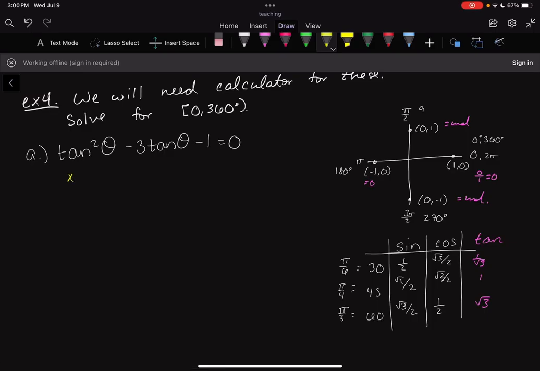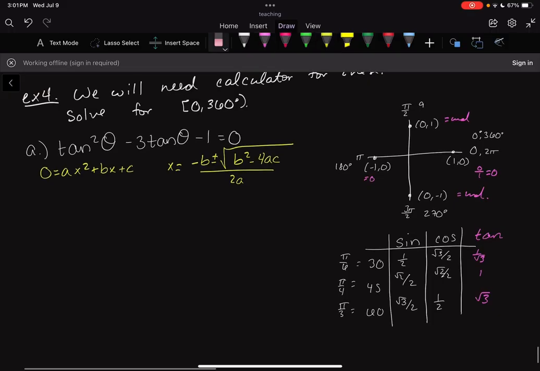If you have 0 equals ax squared plus bx plus c, the quadratic formula is x equals negative b plus or minus the square root of b squared minus 4ac, divided by 2a. I guess technically I could test you on something like this if I just wanted to be completely mean to you, but I don't want to do it.